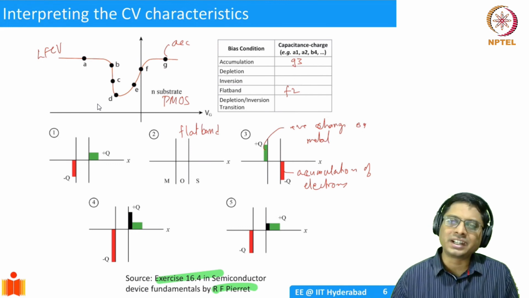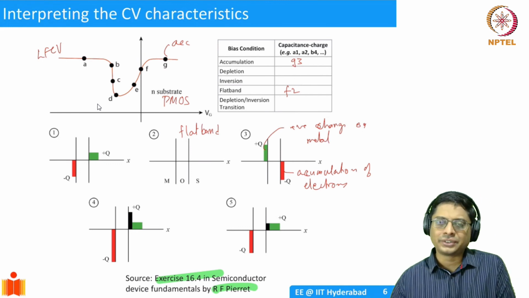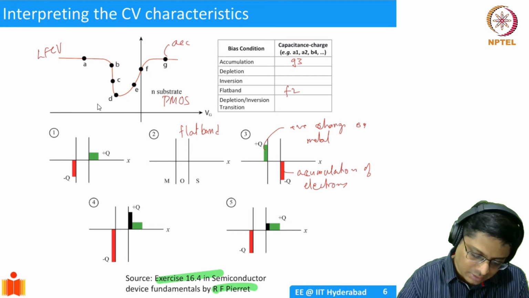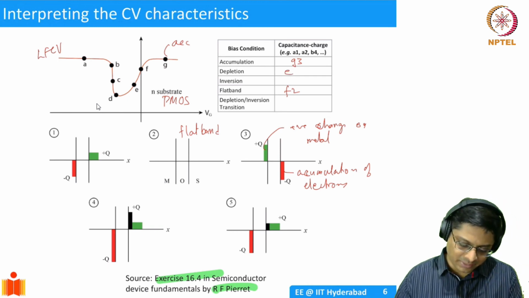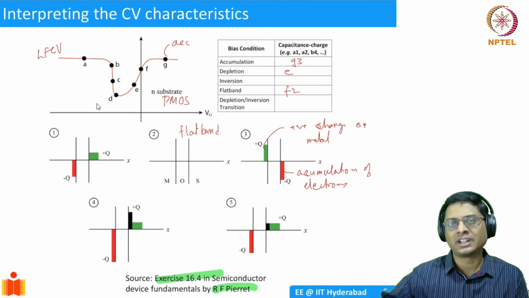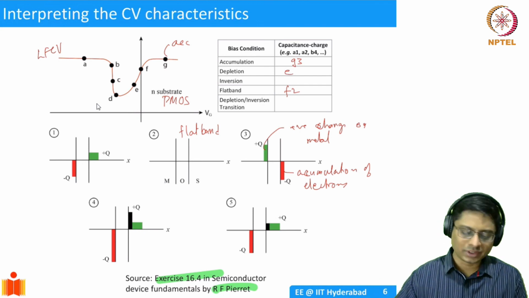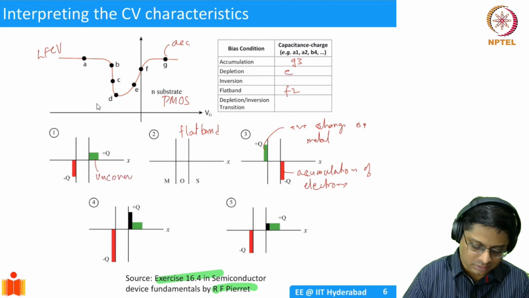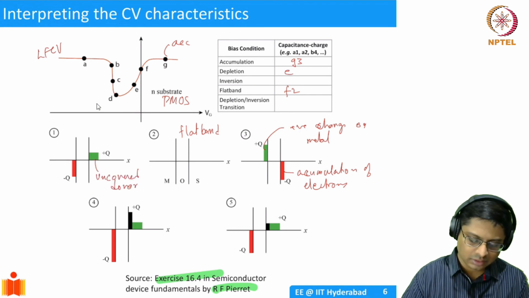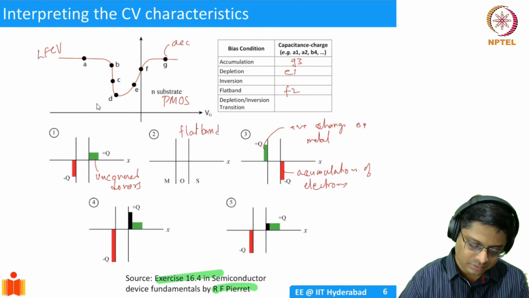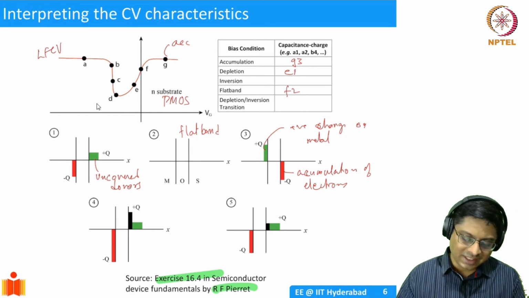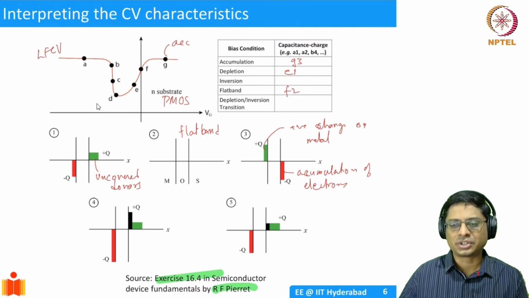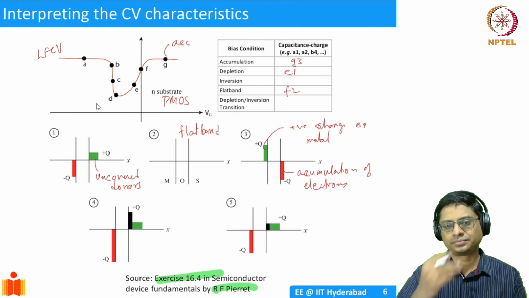When I apply a negative voltage, I'm depleting, and so depletion is going to be point E, and the corresponding charge diagram is going to be, we said depletion, we are uncovering the donors. So this is uncovered donors. So this is going to be E1, and D is basically the threshold, right?